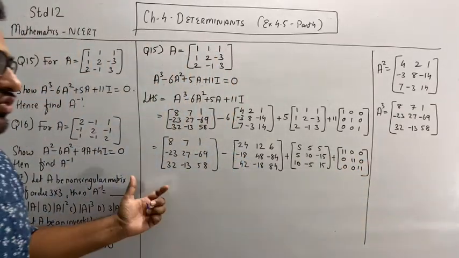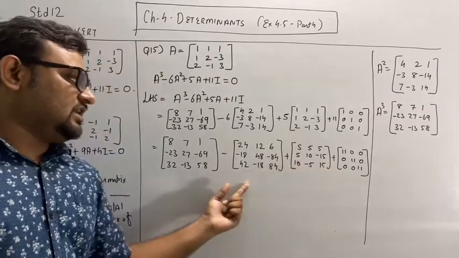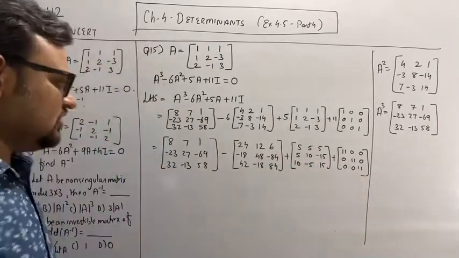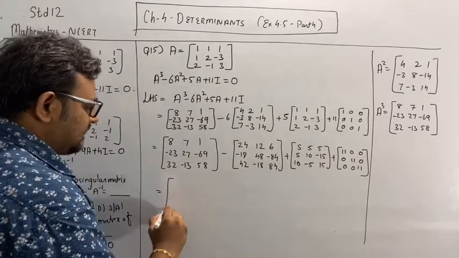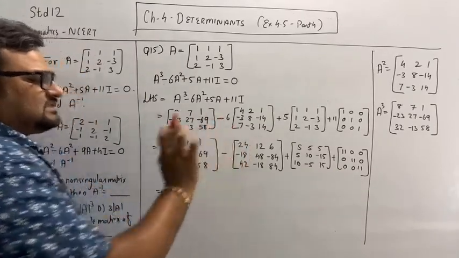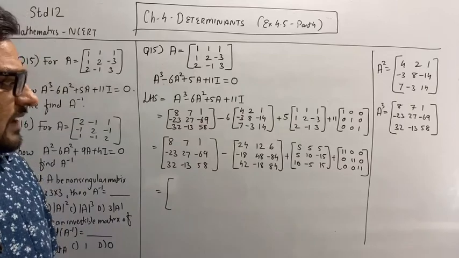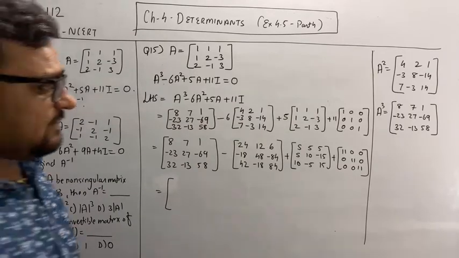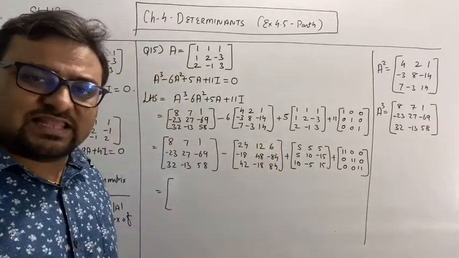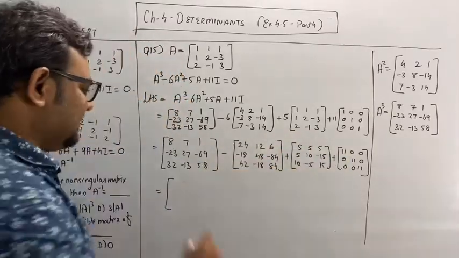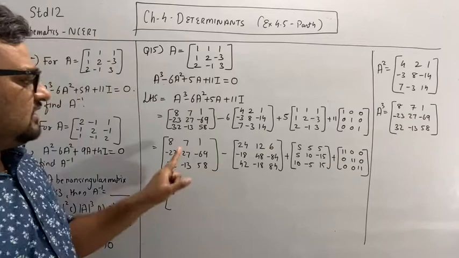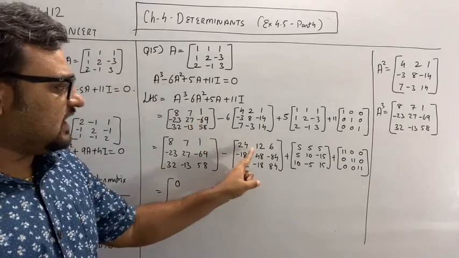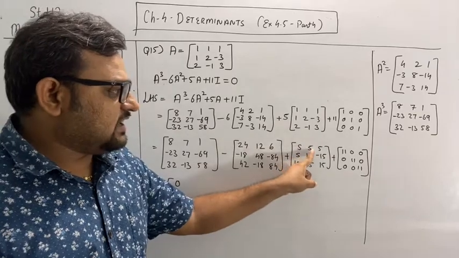Now we need to add these, this matrix minus this plus this plus this. So let's solve it. 8 minus 24, that will be equal to minus 16, plus 5, minus 11, plus 11, 0. 7 minus 12, that will be minus 5, plus 5, plus 0.